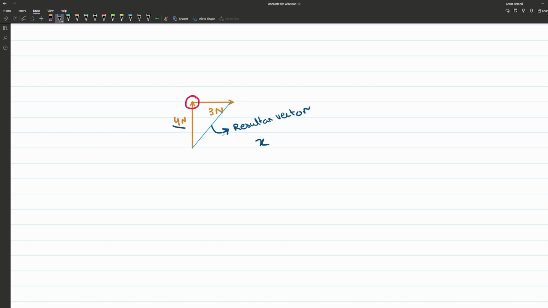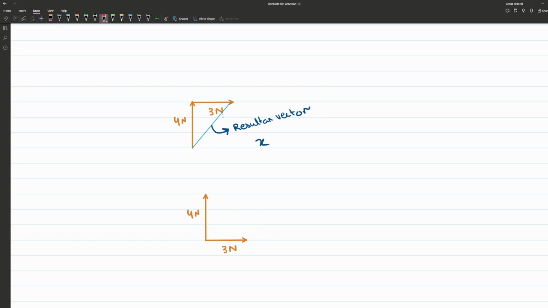We've got 4 and 3 as the base and the height, and now we just want to find out the hypotenuse. So x squared is equal to 4 squared plus 3 squared, x squared is equal to 16 plus 9, x squared is equal to 25, and now we're going to take the square root on both sides to solve for x, and we'll have 5 Newton as our resultant vector.